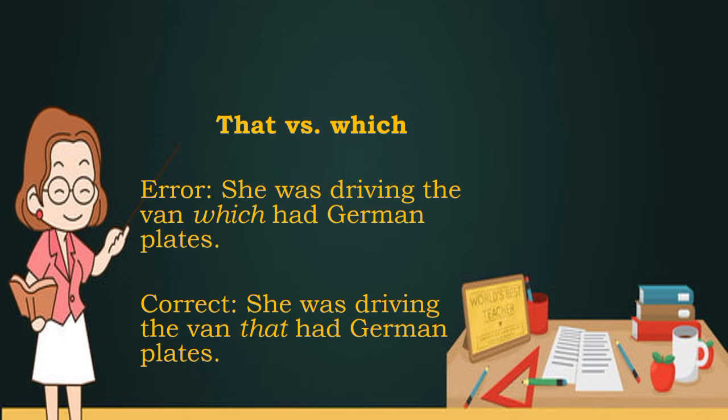But as I went through the rules of the uses of that and which, I realized that this sentence is incorrect. Because this sentence uses which, but supposedly it should use that, because it has a specific object, which is the German plates. So the correct construction of the sentence is, she was driving the van that had German plates.